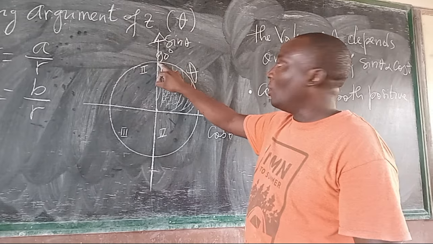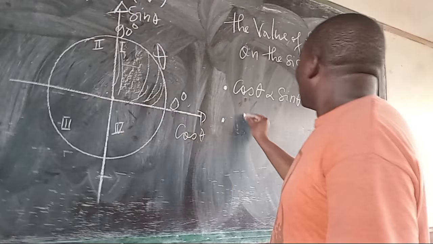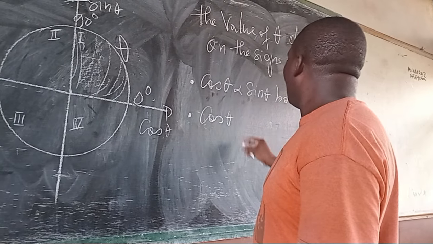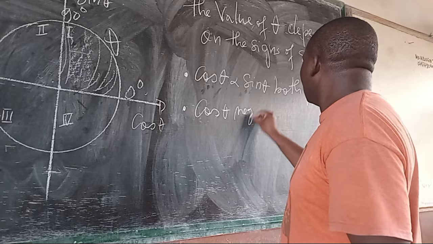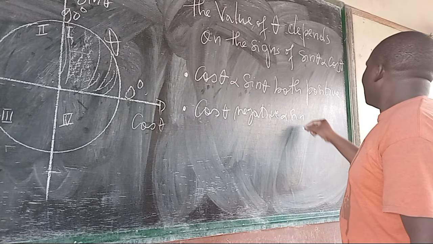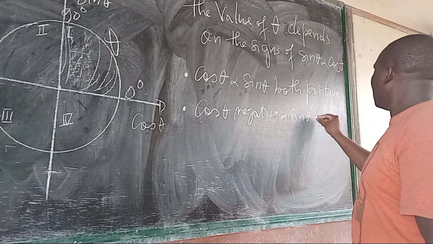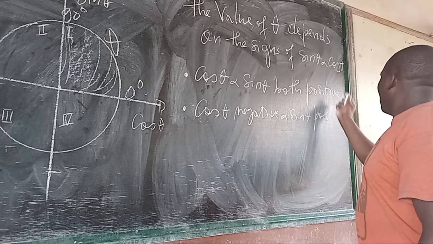Then if cosine of that angle is negative and sine of theta is positive, look at here.